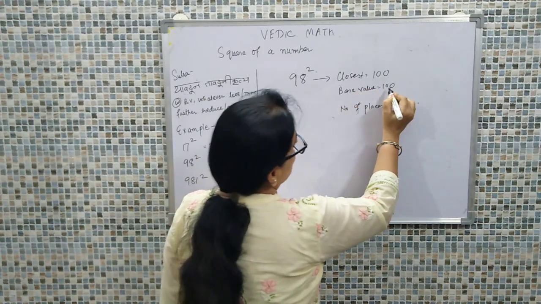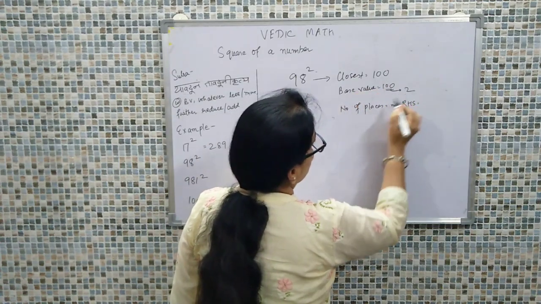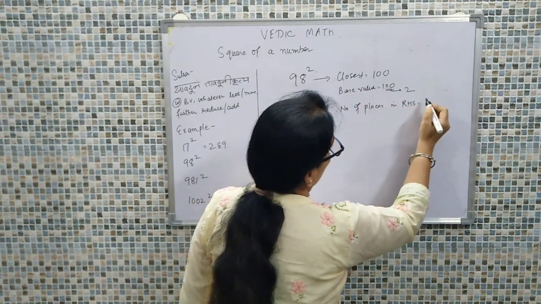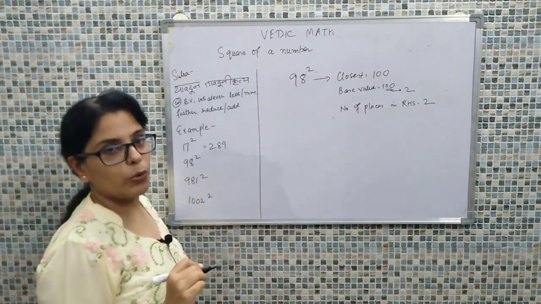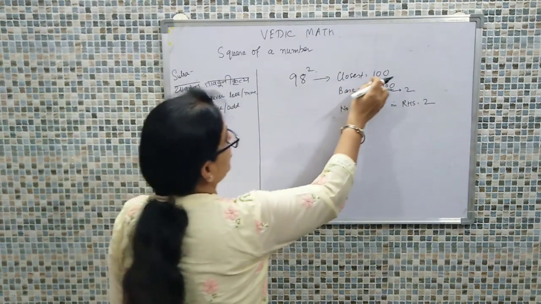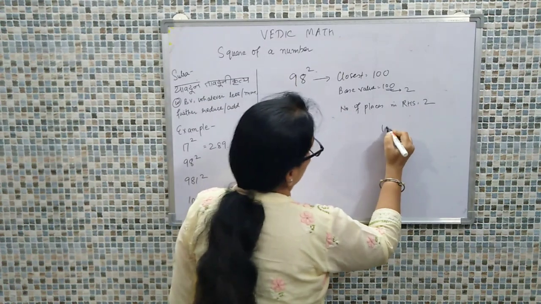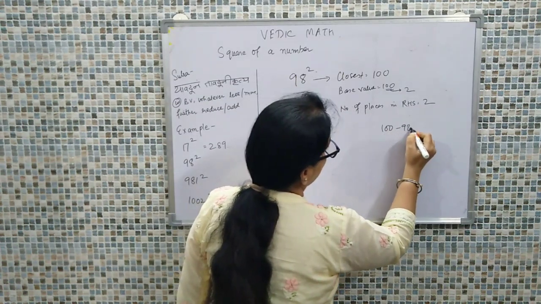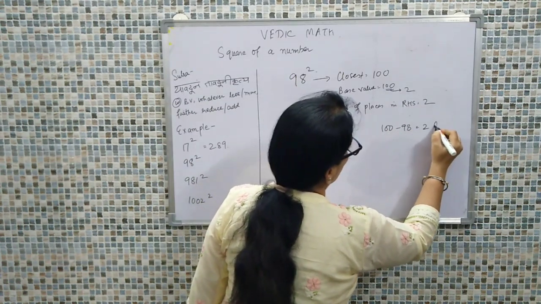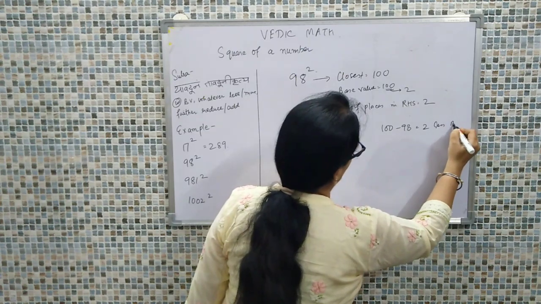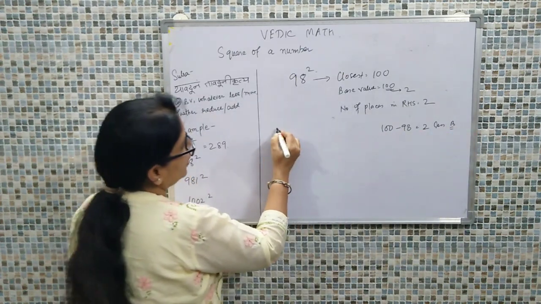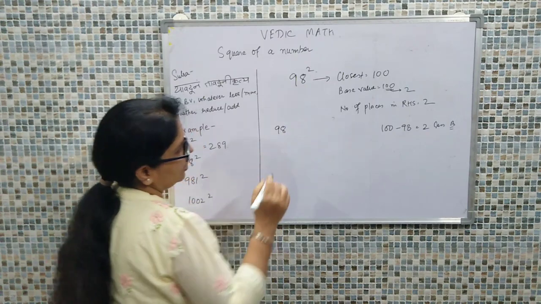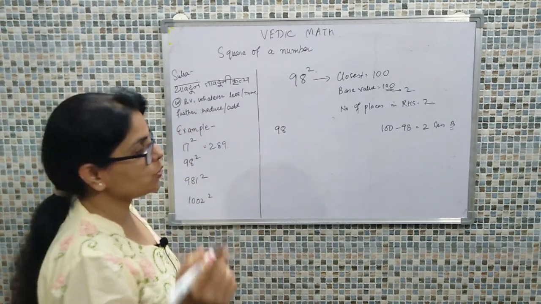Number of zeros in the base value is 2, so the number of places in RHS will also be 2. Now let's compare this value with the base value. When we compare 100 with 98, we find it is 2 less than the base value.